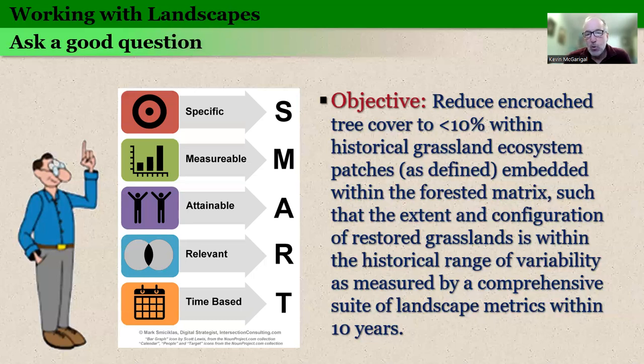Yes, we have tools, mechanical tools, tree removal, for example, or tools such as prescribed fire that would allow us to remove tree cover from grasslands. Is it relevant? Well, certainly, if one is interested in functional grassland systems, then this is a highly relevant objective. And is it time-based? Yes, because we've specified that we need to meet this objective within 10 years.